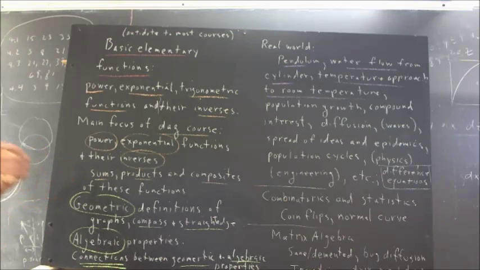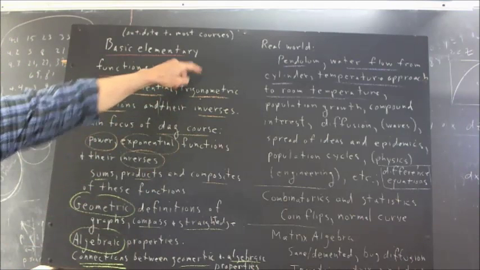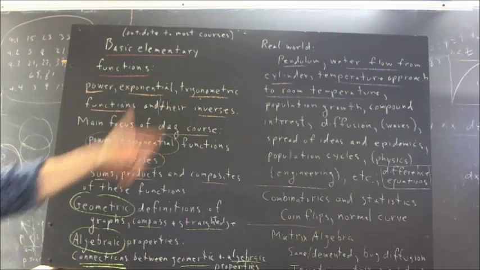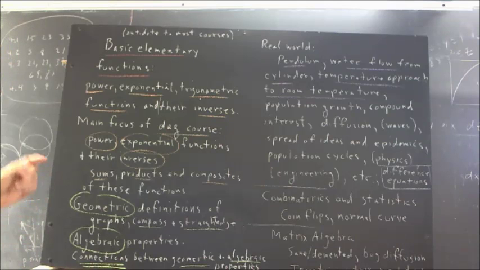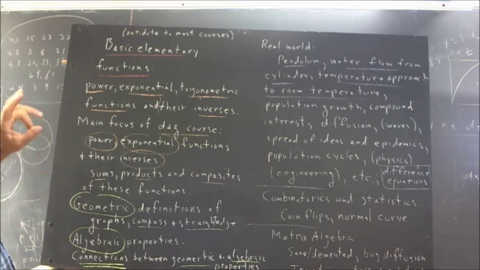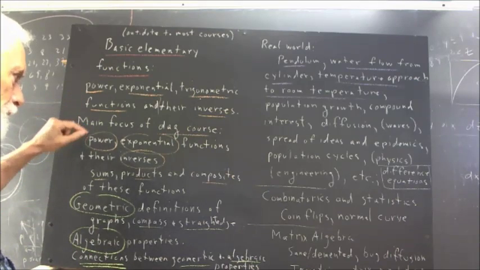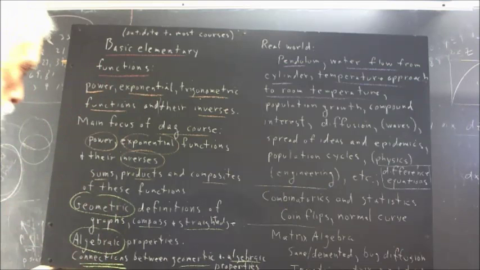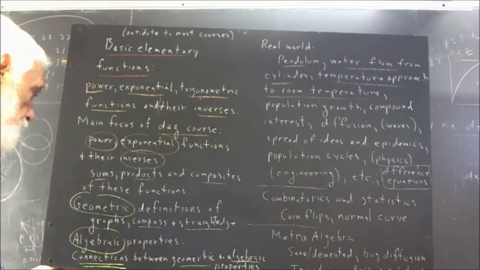So we'll see how to do things with power and exponential functions. We're not going to do much algebraic analysis on trigonometric functions, but we will probably in the last week learn to construct them, which is actually fairly simple. Okay, let's say that we're just talking about power and exponential functions, but much of what we're saying here can apply to trigonometric functions as well.